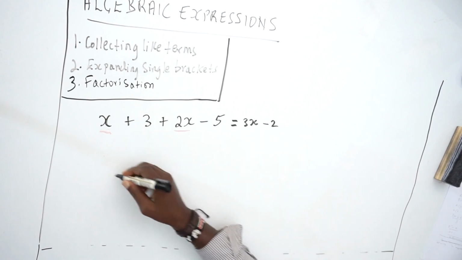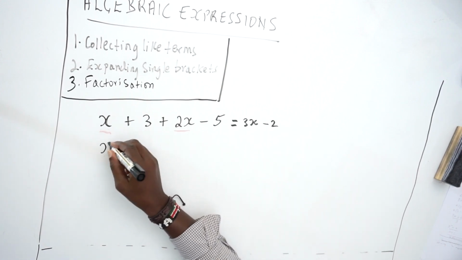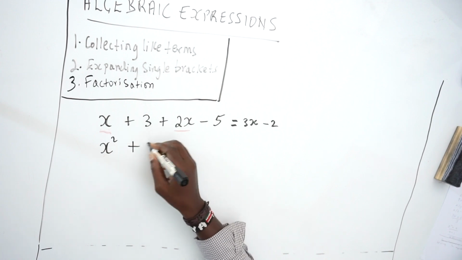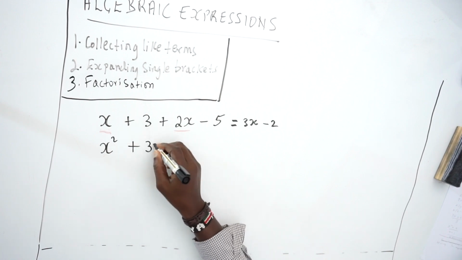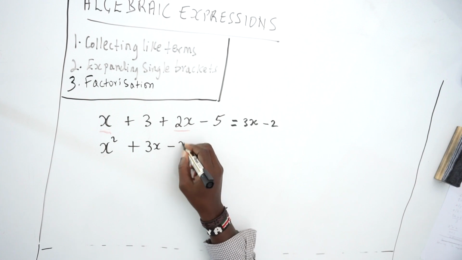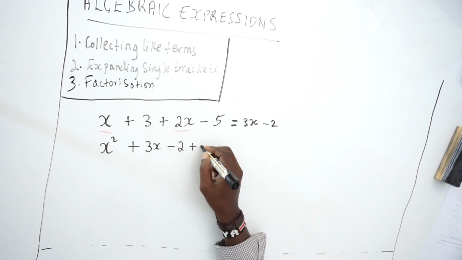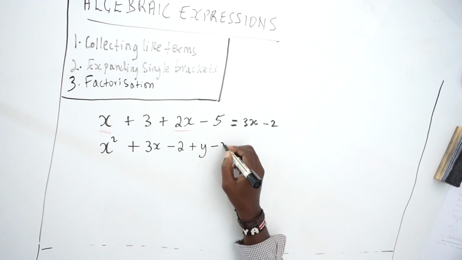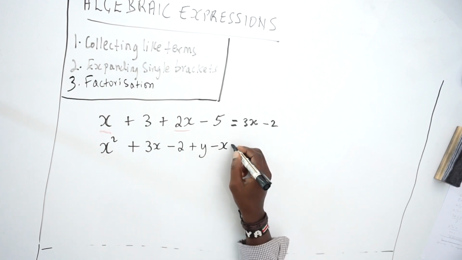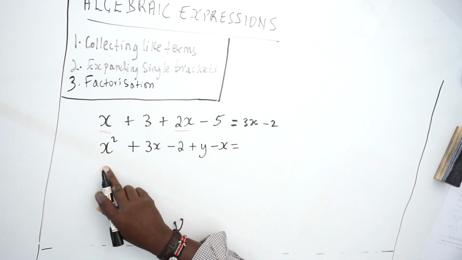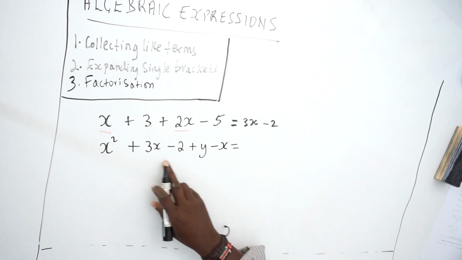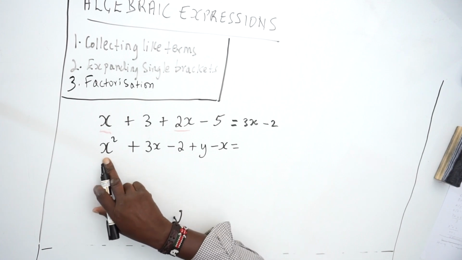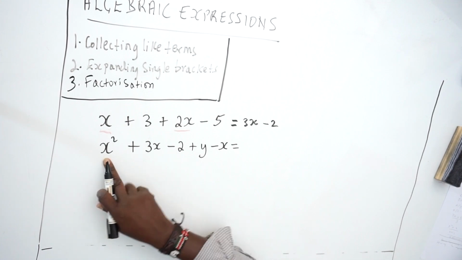Okay? There's a situation where you could find a mixture of terms like x squared plus maybe 3x minus 2 plus y minus x. In this expression, we have x squared, we have x, and we have y and a number. This x squared is not like x alone.